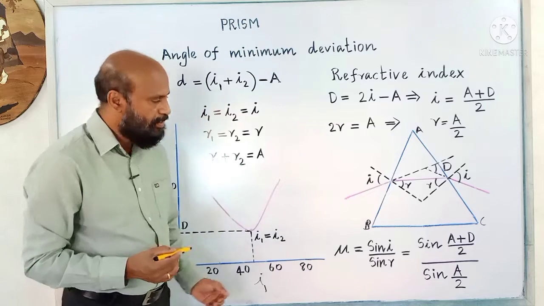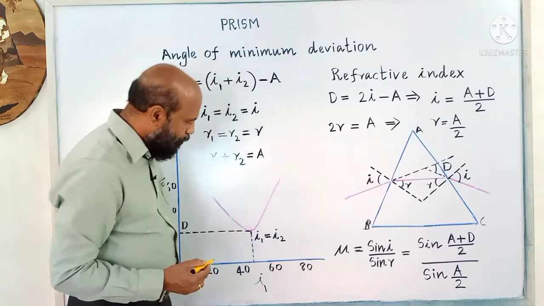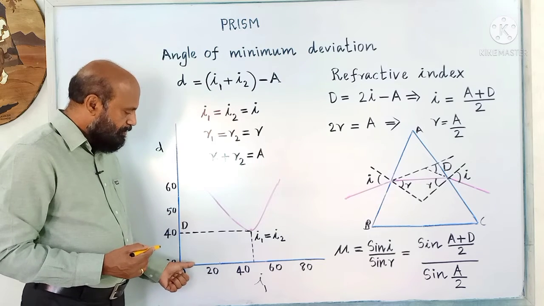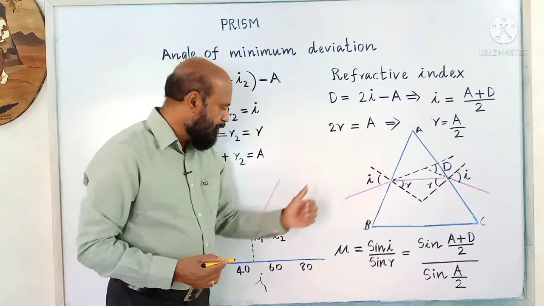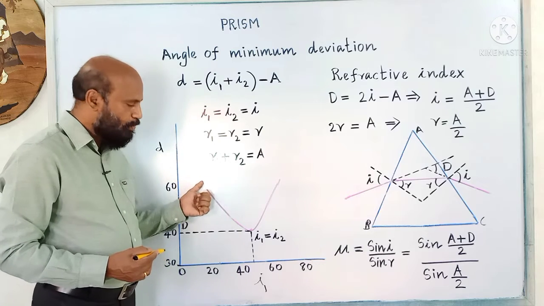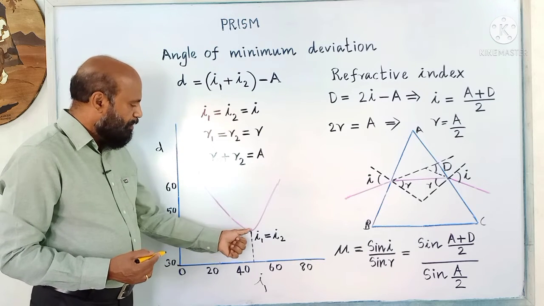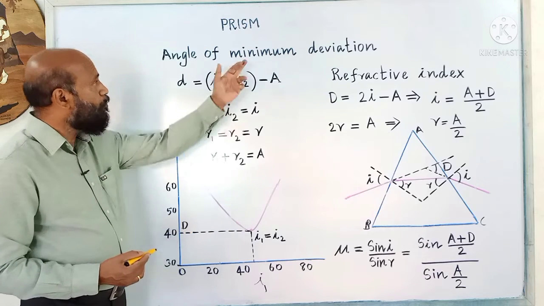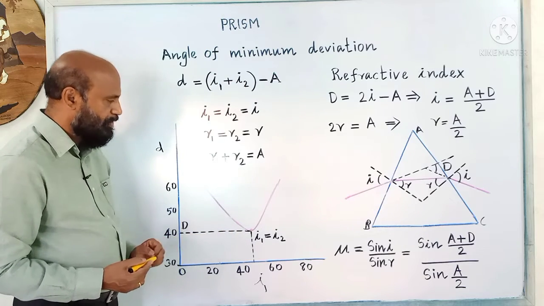Angle of incidence in the first phase is marked along the x-axis. You can see as the angle of incidence in the first phase increases, angle of deviation is going on decreasing and it reaches a minimum value.